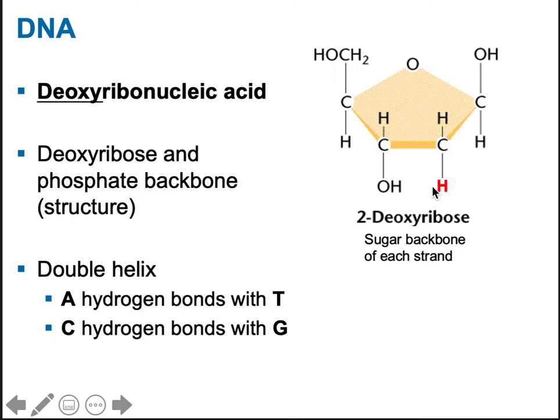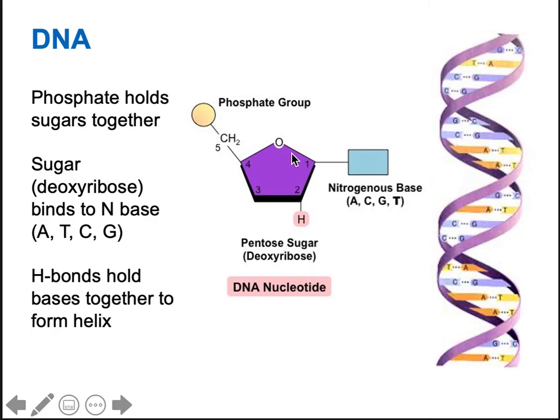You're missing an oxygen, that's why it's deoxyribose. But notice 1, 2, 3, 4, and the 5th carbon's hanging out above on top. Okay, that's real important for learning the structure of DNA. And then you'll notice that on that 5th carbon that's hanging out on top is where the phosphate group is attached. On the 1st carbon is where your nitrogenous base is attached. Okay, all right.